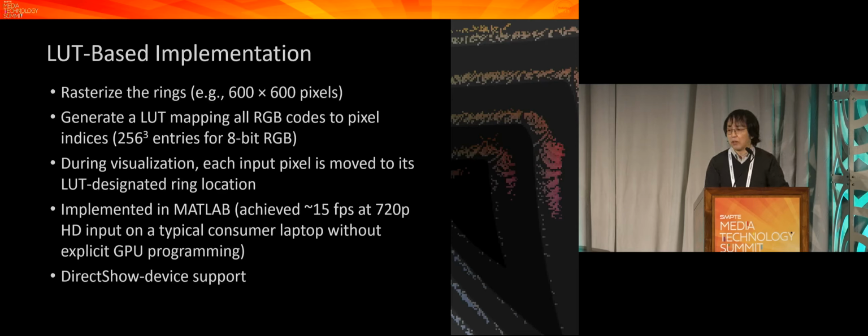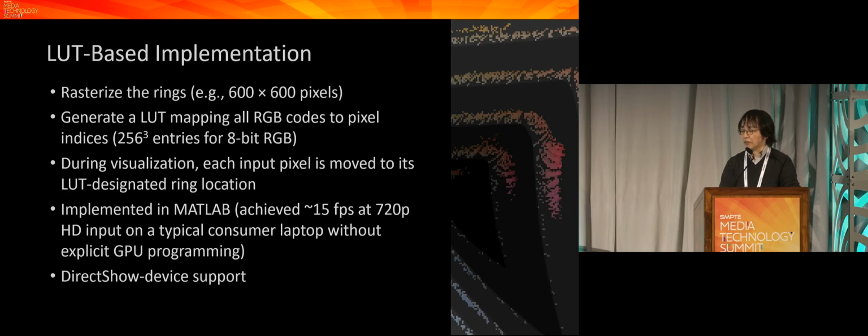And I took a LUT-based approach for implementation. First, rasterize the gamut ring images, say 600 square pixels, and generate a LUT mapping all RGB codes to pixel indices, 256 cubed entries for 8-bit RGB.